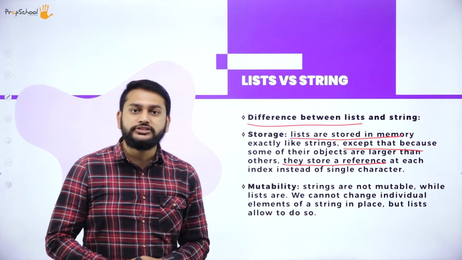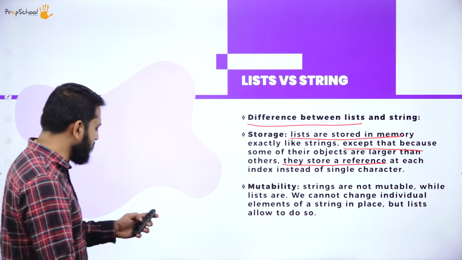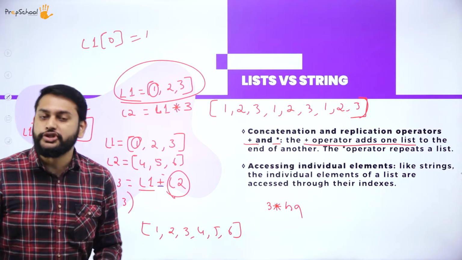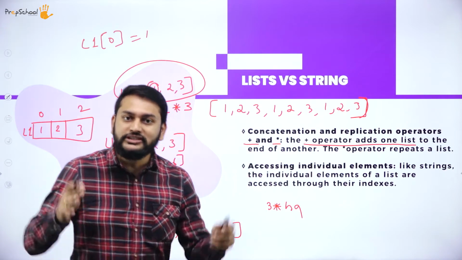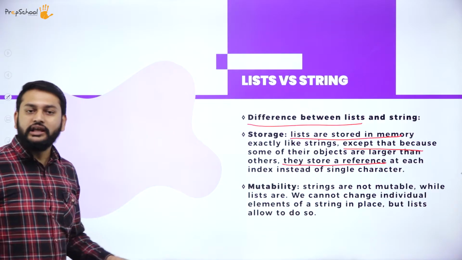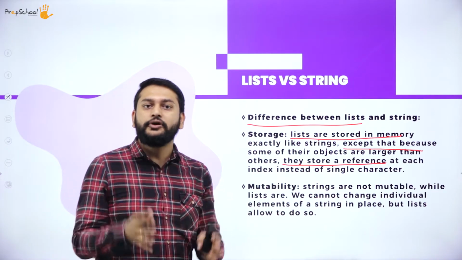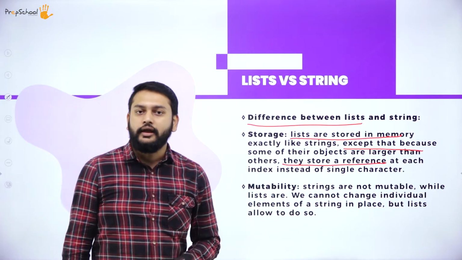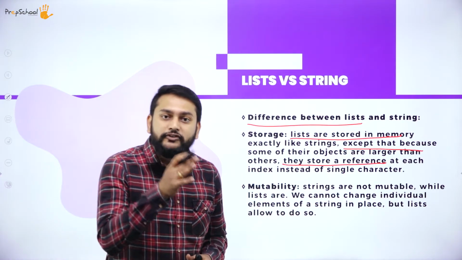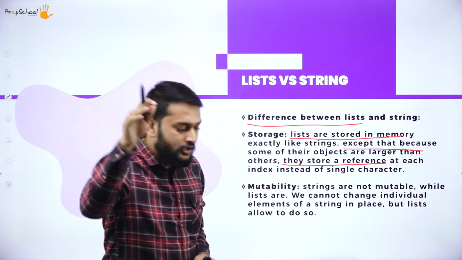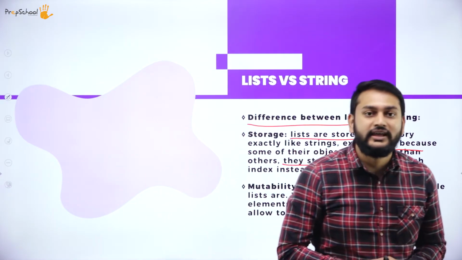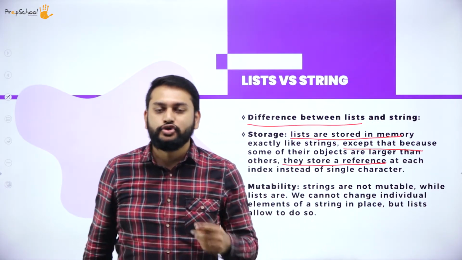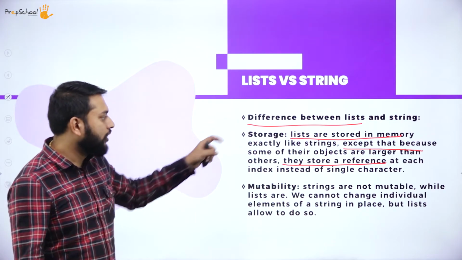Each item that I have will be treated as an object in the list. But if my object is heavy in content or size, it will not store that particular content. Instead, it will store the reference, where exactly we have stored it. That reference will be stored instead of storing the value there. That is what you need to understand when it comes to storage.